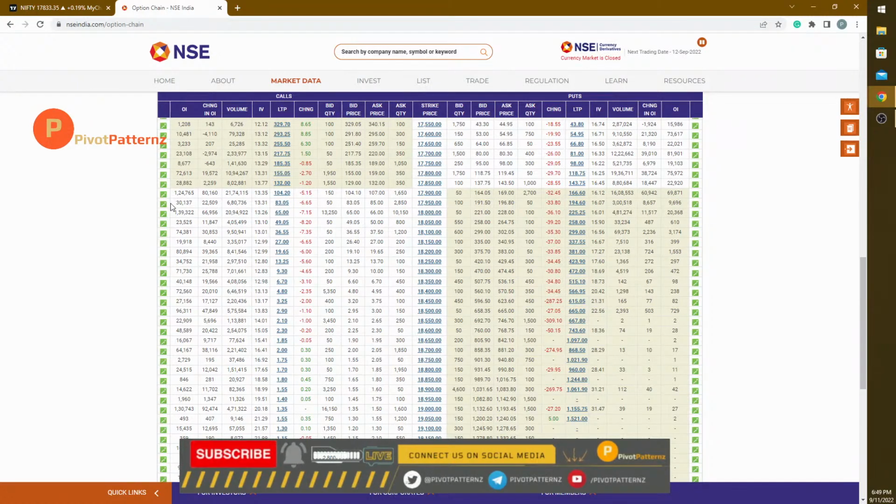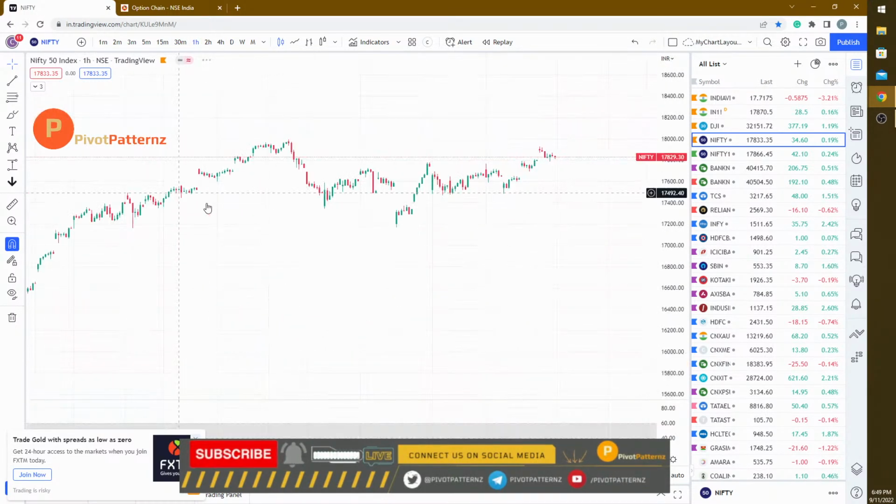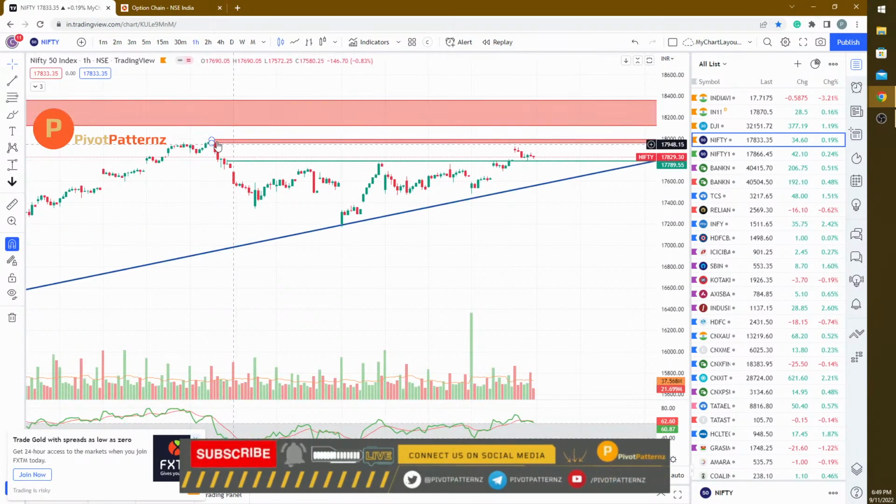You see, the highest open interest I see on Nifty for the current expiry is on these two: 18,000 and 17,900. And if you go to the chart also, I've shared this zone, 17,950 to 18,005.